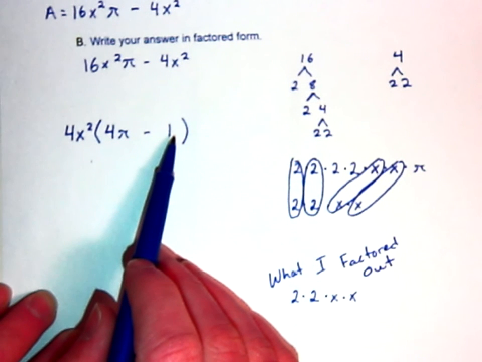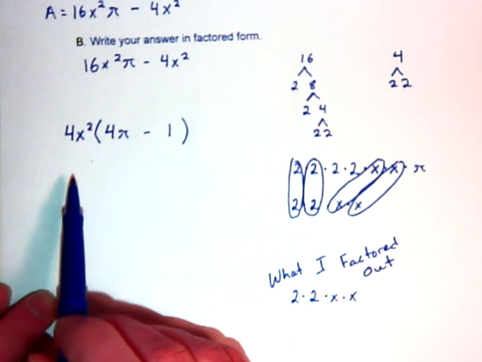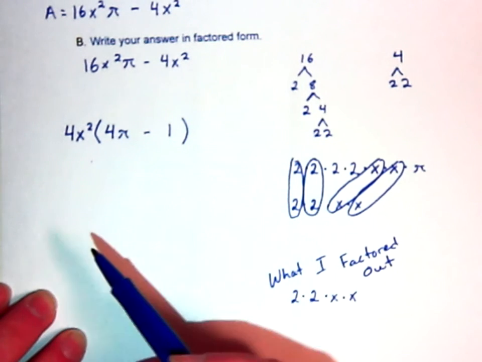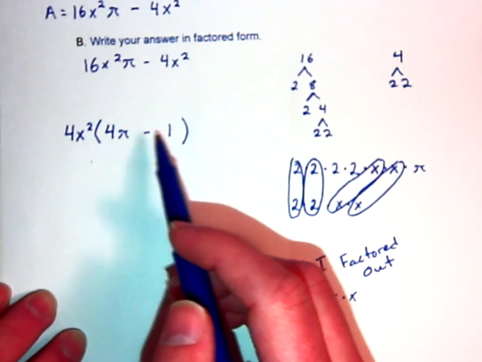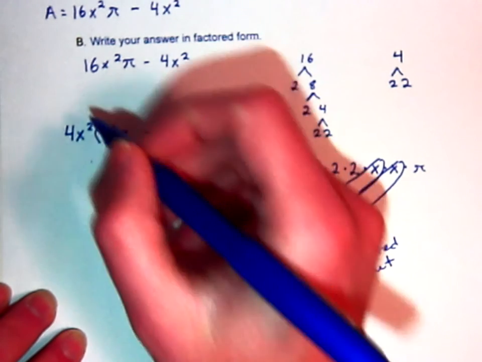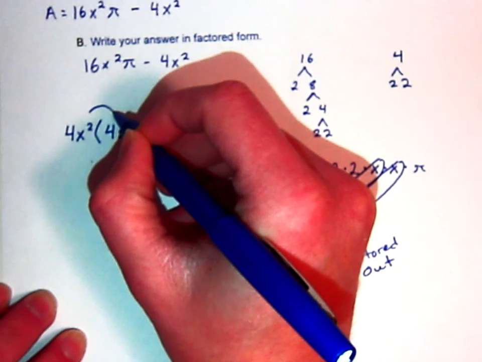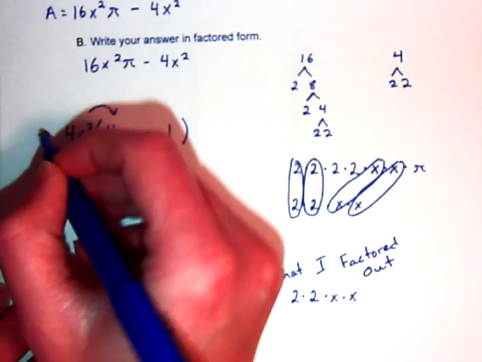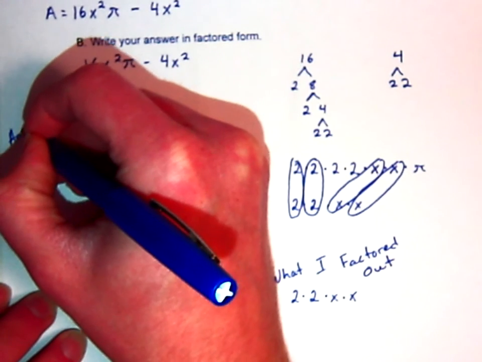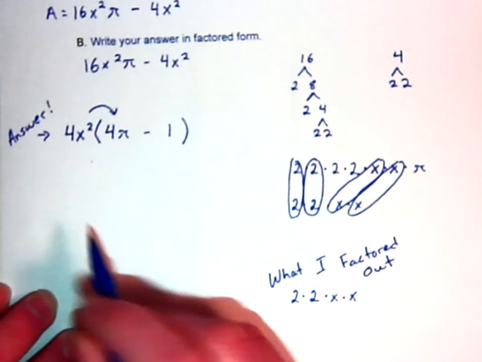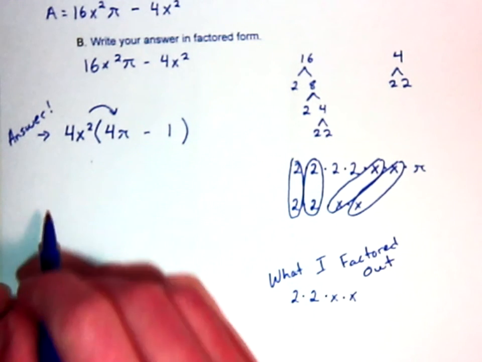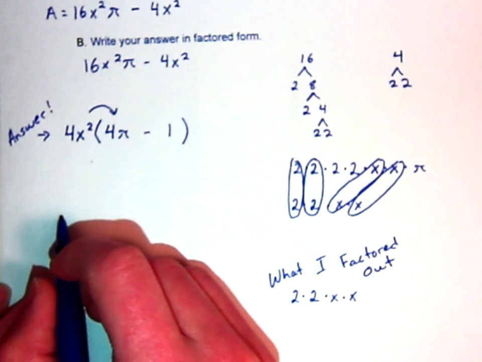The way we can test this is we can unfactor it. We can multiply and see if we are correct. Remember, this is the answer, but we're proving it here. 4 times 4 is 16.